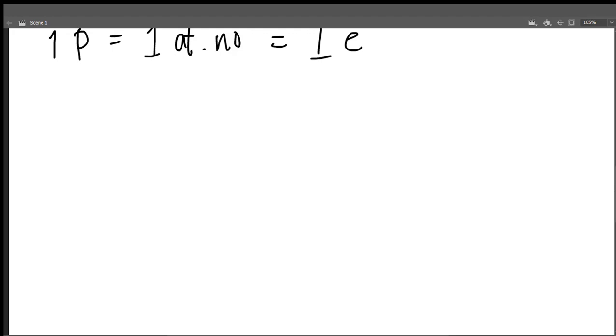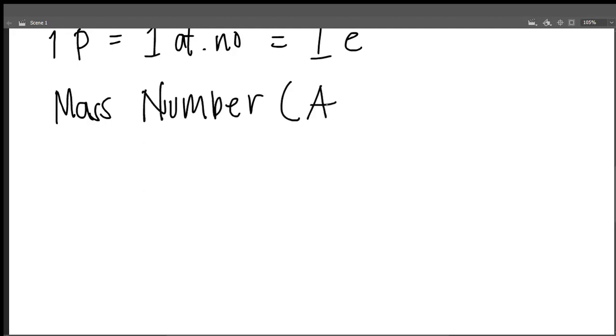Next, mass number. We're done with the atomic number, and we have here now mass number, which is A. The sum of the number of protons and neutrons in the nucleus of an atom is the mass number.